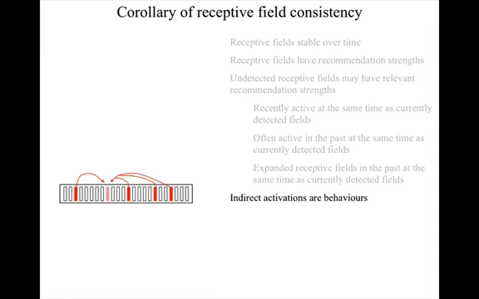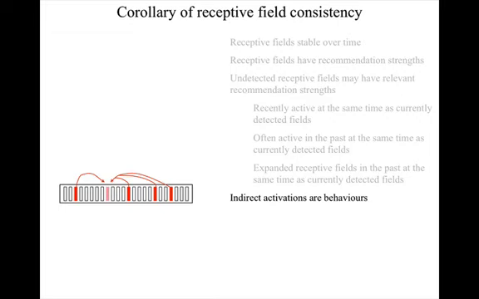So we've identified 3 different types of information that could be available to access recommendation strengths that aren't present directly in current sensory inputs. Indirect activation of receptive fields on the basis of recent activity at the same time as currently active fields. Indirect activation on the basis of frequent past simultaneous activity. And indirect activation on the basis of past simultaneous change.